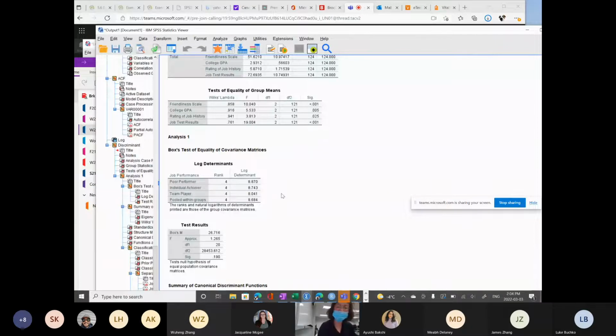And if you use the p-value method, the p-value for friendliness scale is significant, means there is a big difference among those 3 groups for friendliness scales.